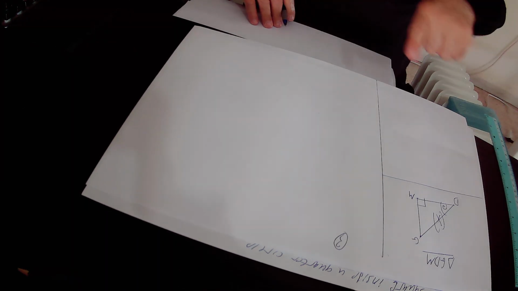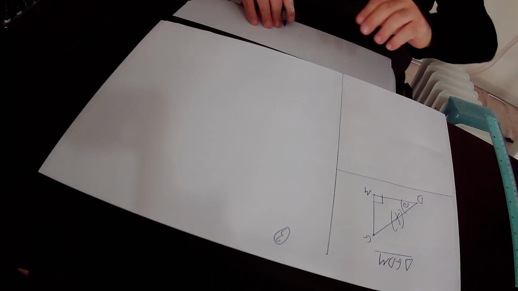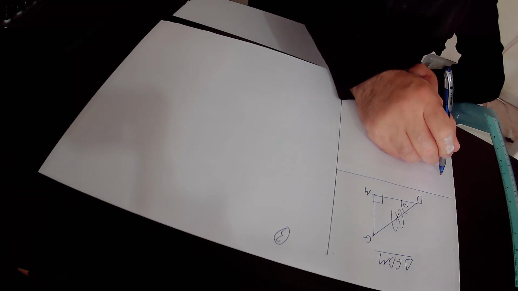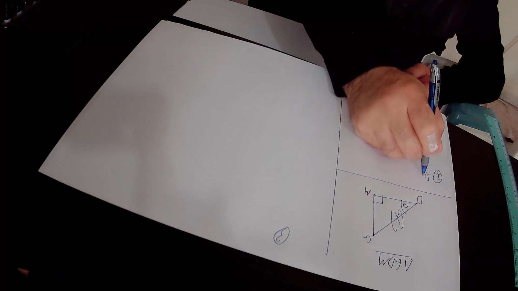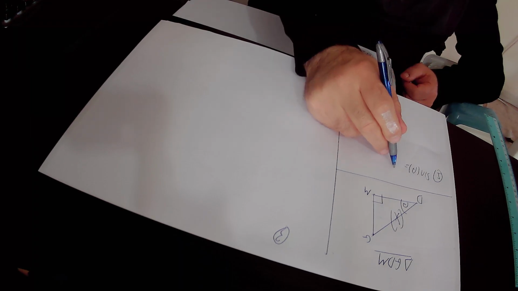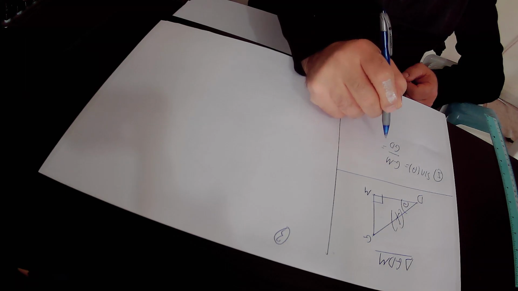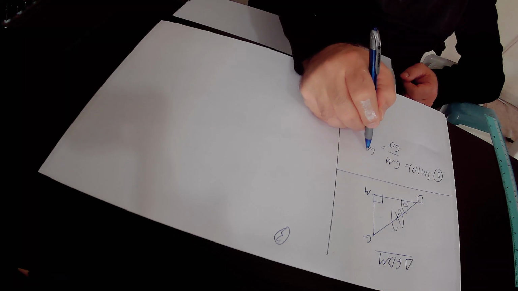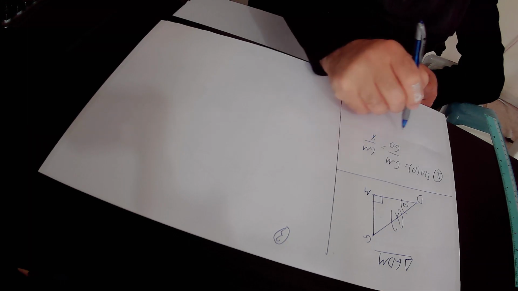This is the right triangle GDM that I took from the original drawing. In this right triangle GDM, sine theta equals GM over GD. GM is the missing side, so we leave it as it is, over GD. GD is x, therefore we substitute GD by x.